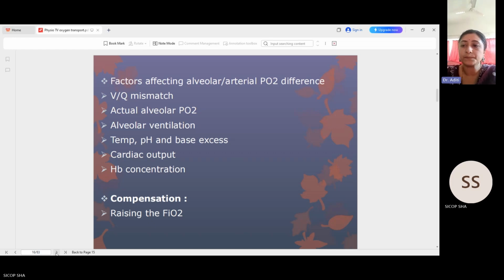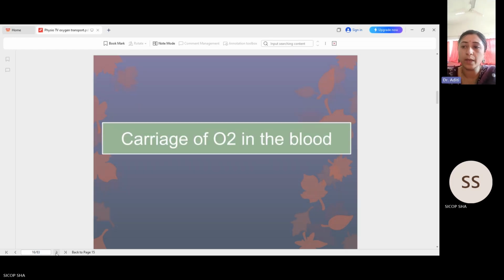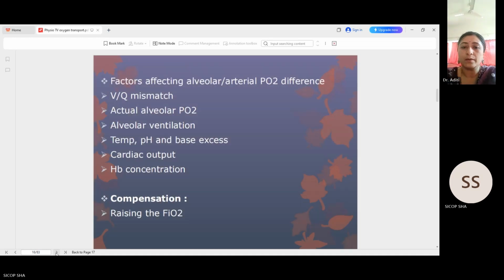Next slide, please. Next, coming to the alveolar arterial partial pressure of oxygen difference. Factors affecting the alveolar arterial partial pressure of oxygen difference are the V/Q mismatch. So factors that result in either an increase or decrease in ventilation, or cause shunting, might affect the alveolar arterial PO2 difference.